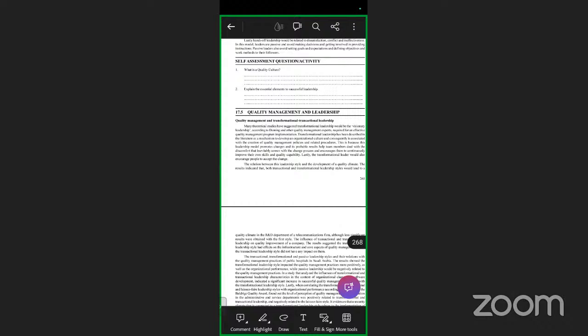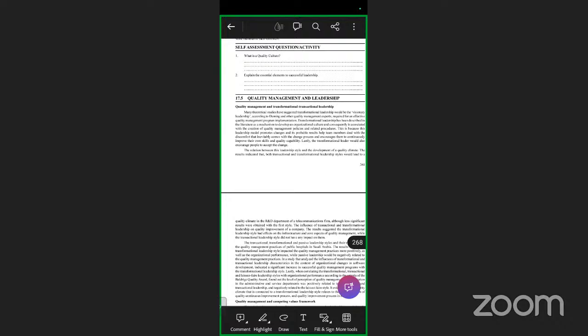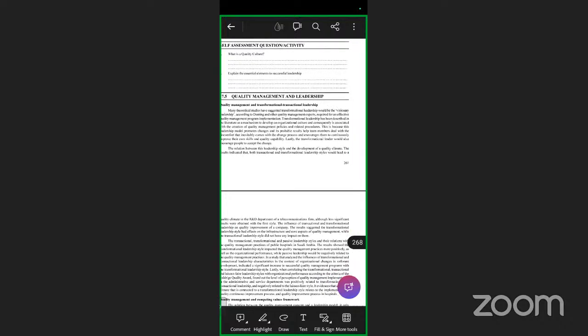According to Deming and quality management experts, to implement an effective quality management program, transformational leadership has been desired in the literature as a mechanism to develop organizational culture, and consequently in association with the creation of quality management policies and related procedures, in the relation between leadership style and the development of a quality climate.